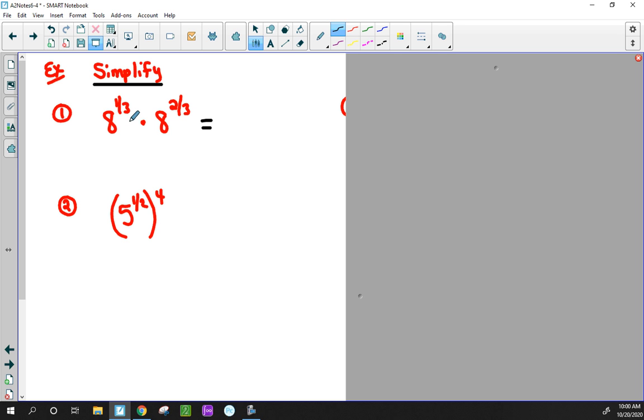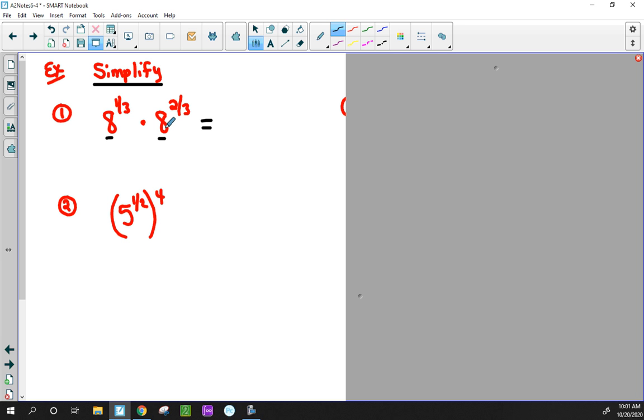Because it does not have a letter, these are not coefficients. The rule for multiplication says to multiply coefficients and add powers as long as it's the same variable. I'm going to make an extension to that. You're going to add powers as long as it's the same base. So 8 is the same value, but it is not a coefficient.